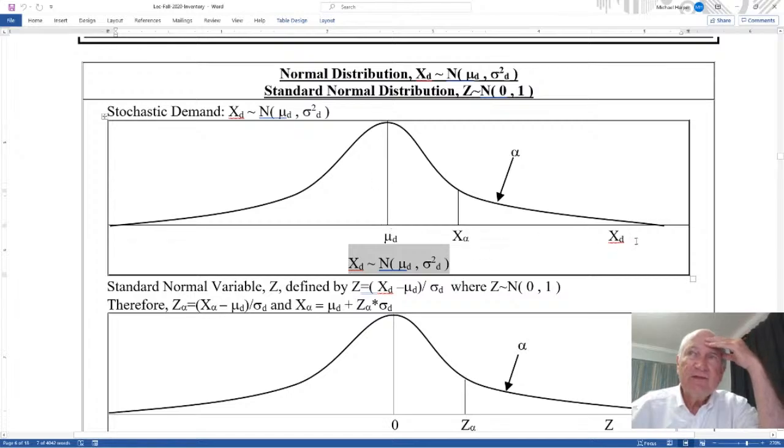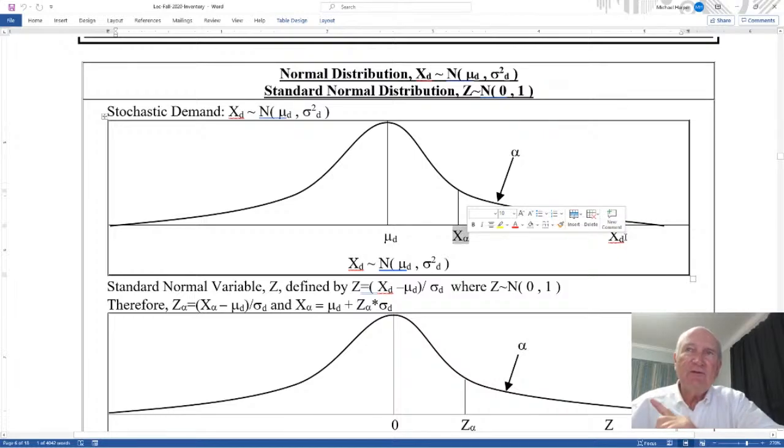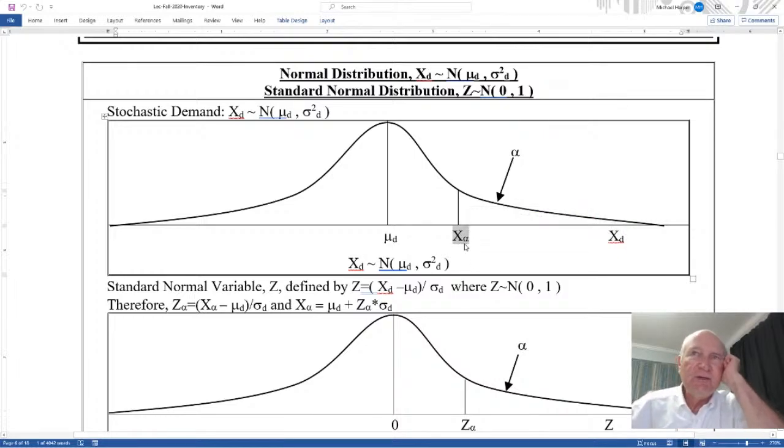Okay, this is the random variable, and this right here is called a random variate. Variable, because that really applies to all the values along this line, along this range here. But this is a variate that applies to one point of the variable. Now the subscript is alpha, and that alpha means the probability in this area right here. That alpha is probability in the shaded area right here.